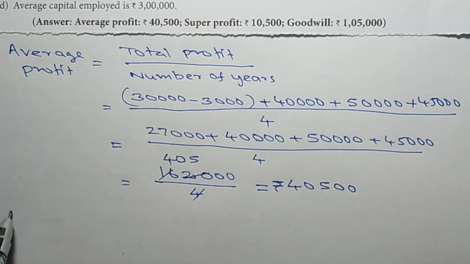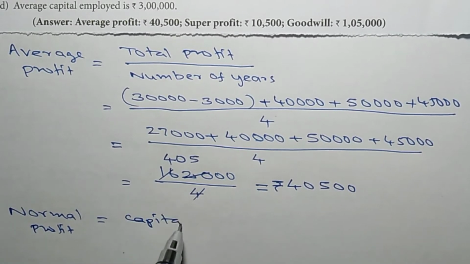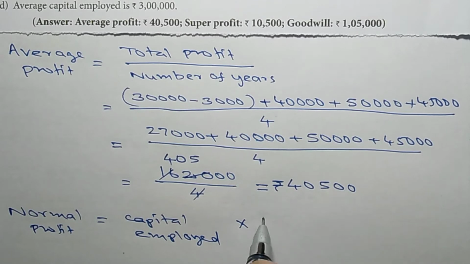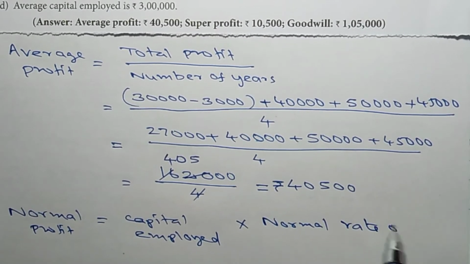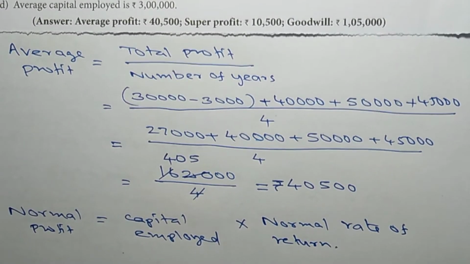Then find out normal profit. Normal profit is equal to capital employed into normal rate of return. That is the formula for finding normal profit.